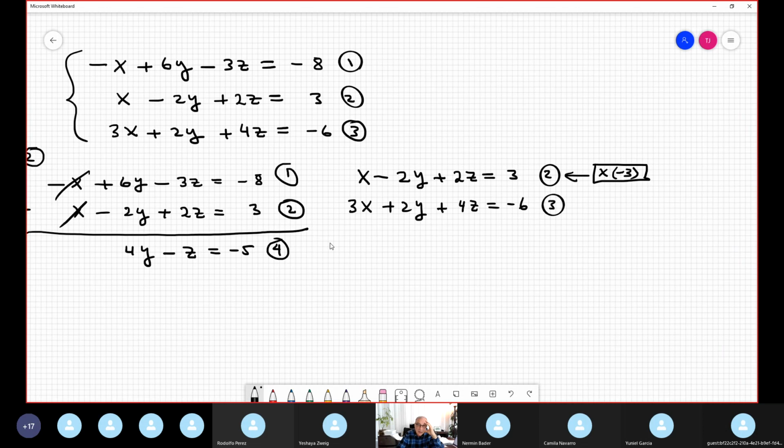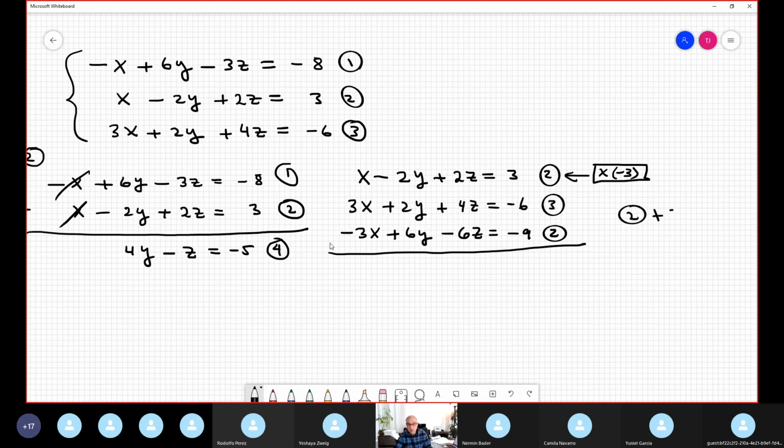When you multiply the entire equation number 2 by negative 3, we have negative 3x plus 6y minus 6z equal negative 9. And this is also my equation 2, presented in a different way, but it's the same. Now ready for adding 2 plus 3. Of course, the new 2, not the old 2.